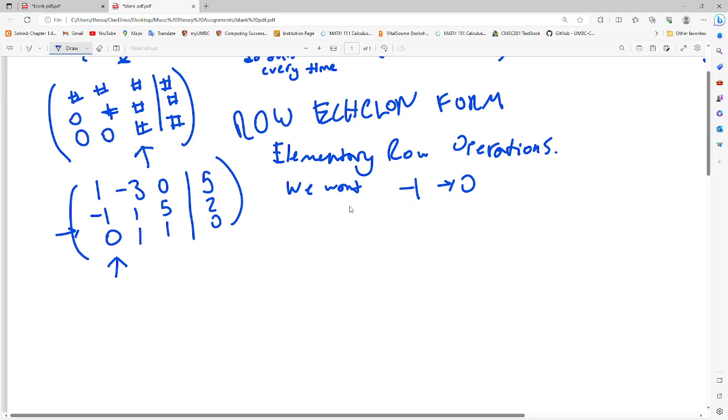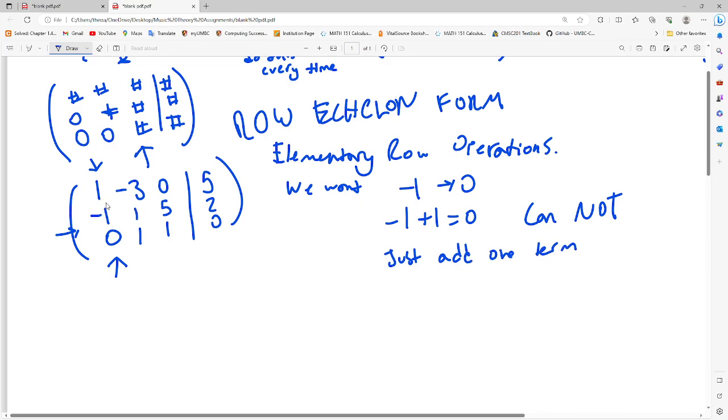So we see what's around us. We have this 1 right here. We know that -1 plus 1 equals 0. But we can't just multiply or add one term.